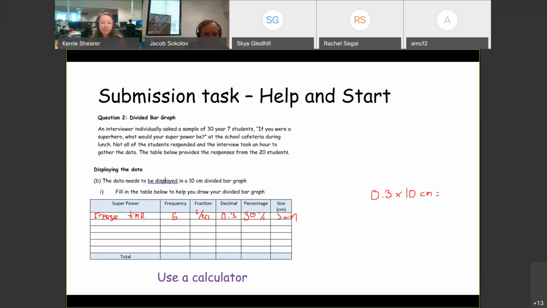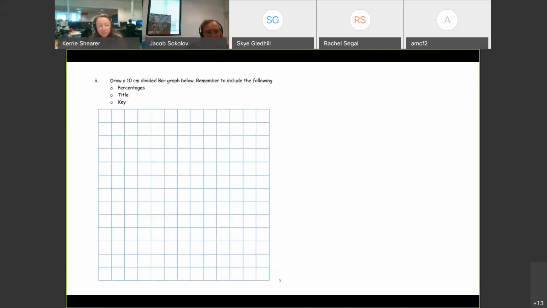So our divided bar graph has to be 10 centimeters big. And each of these squares is a centimeter, I hope. We need to make sure it's 10 centimeters in length. You're going to be using a ruler and not be freehanding it like me.